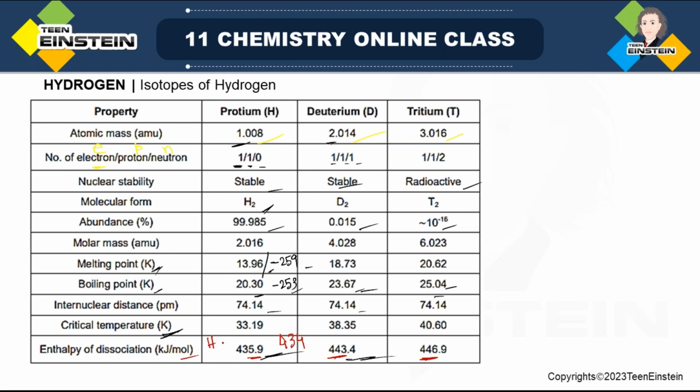Because of this, if you compare, to break the HH bond will be comparatively easy than to break the DD bond. That means the same energy is not required. In this case we have to provide more energy, so breaking the DD bond is comparatively difficult, and in the case of T2 it is more difficult.